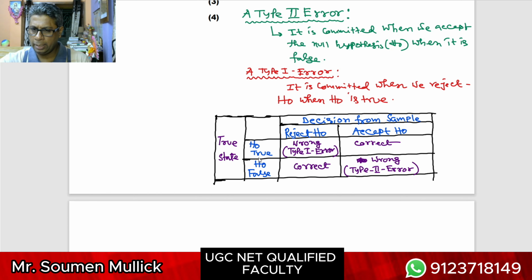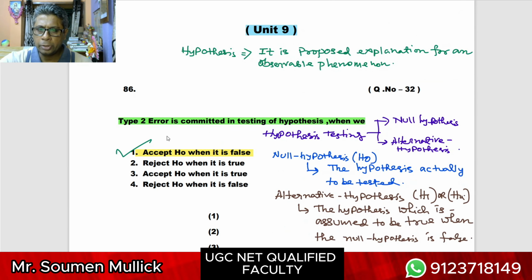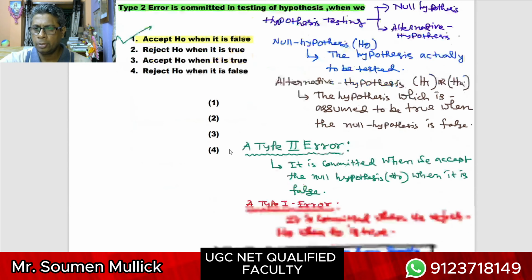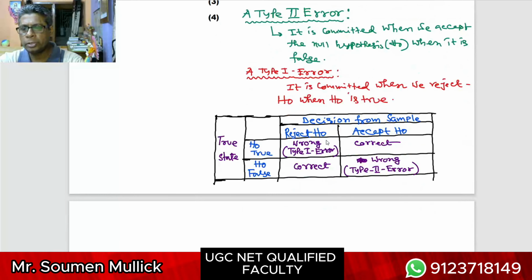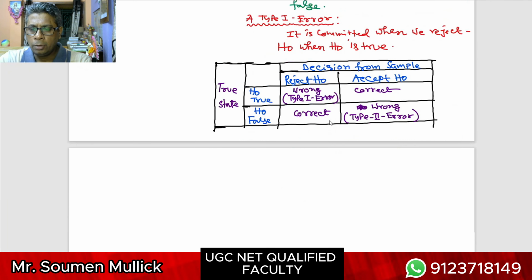When the null hypothesis is false, we accept the null hypothesis, that is type 2 error. So this question is based on type 2 error: accept null hypothesis when it is false. My dear student, through this chart you can easily remember this topic. This is a very important question of hypothesis.